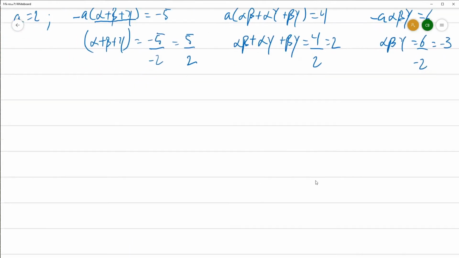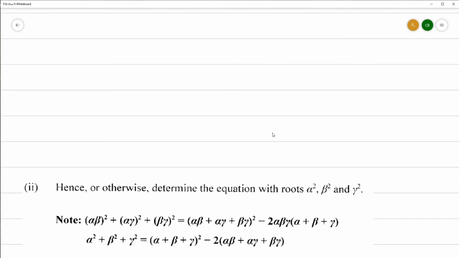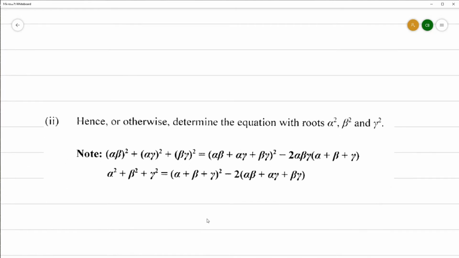So we are asked to use this information to find the cubic equation whose roots are alpha squared, beta squared, and gamma squared, and we got some help over here.